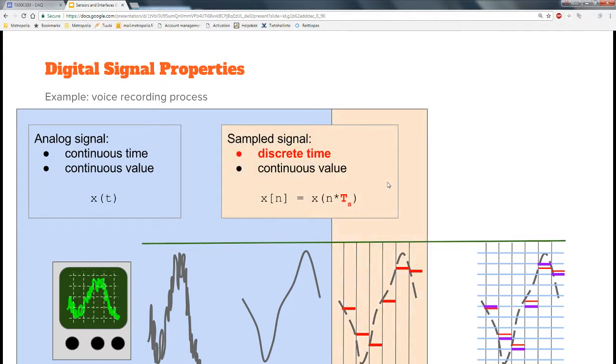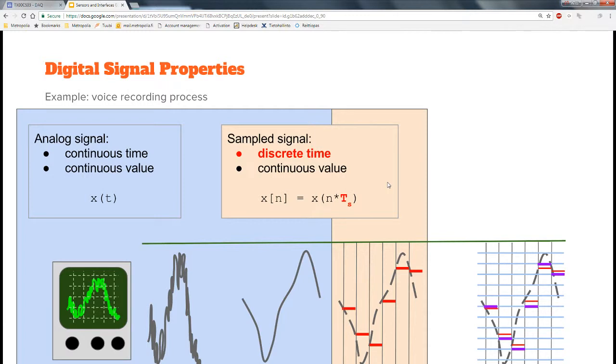Sampled signal. A sampled signal is by value the same as the original. In this case it would be analog, meaning any value but discrete time. Now we have just the samples at certain times, which is nice. Then we can start writing a table, an index table, saving those values.